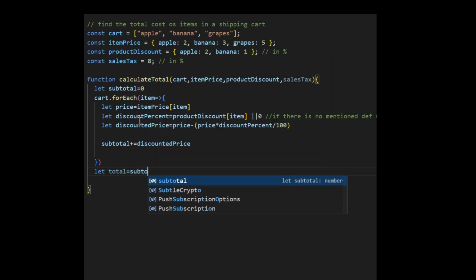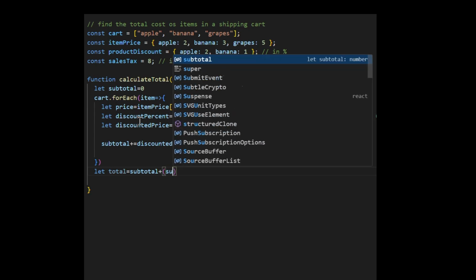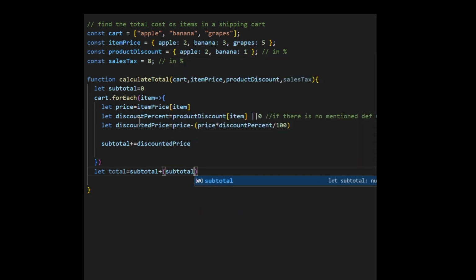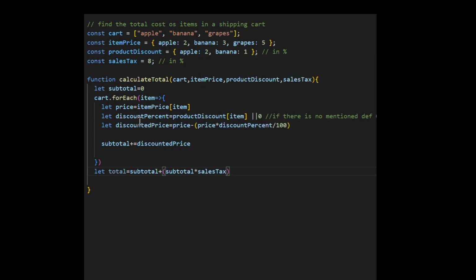So subtotal plus we have to add the sales tax: subtotal into sales tax by 100. So it will add the subtotal plus the sales tax on that subtotal.